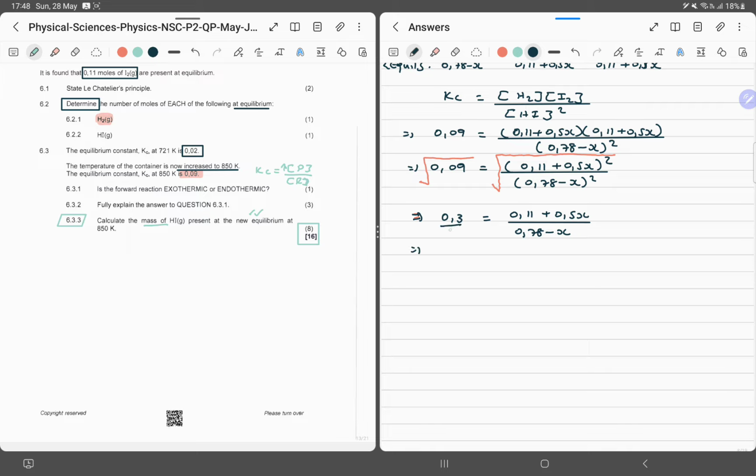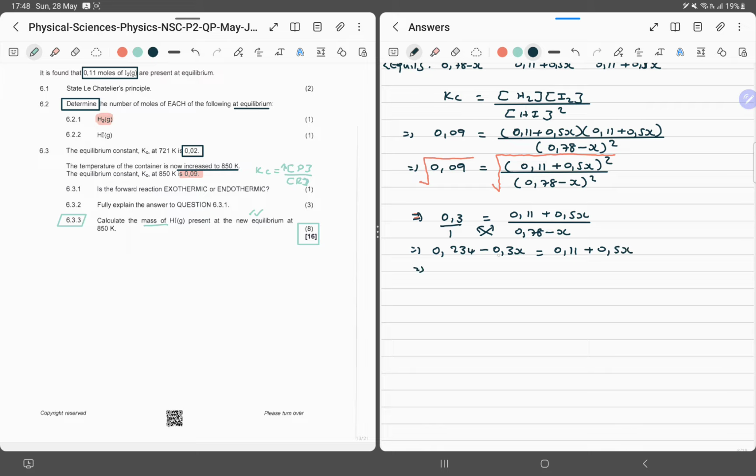So we do our famous gymnastic here of cross multiplication. So basically 0.3 times 0.78 gives us 0.234 minus 0.3x is equal to 0.11 plus 0.5x. Okay, and then we sort it out.